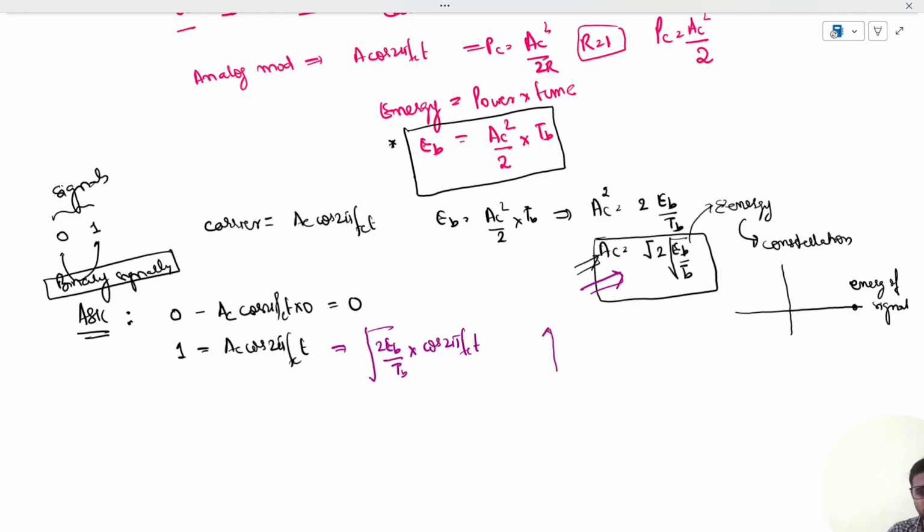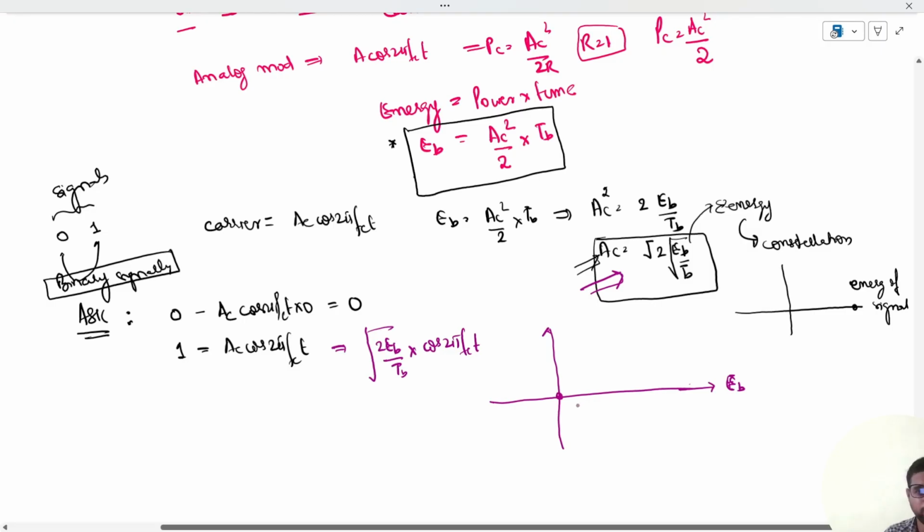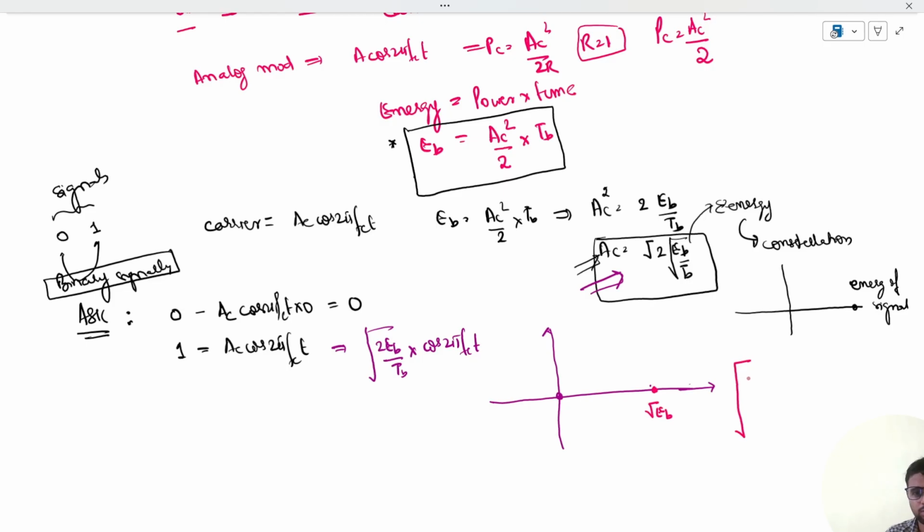So if we make the constellation diagram of this, this is 0 and this is nothing but Eb, energy per bit, or energy of 1 bit. Suppose this point is root over Eb, and this axis is represented as root over 2 upon Tb.